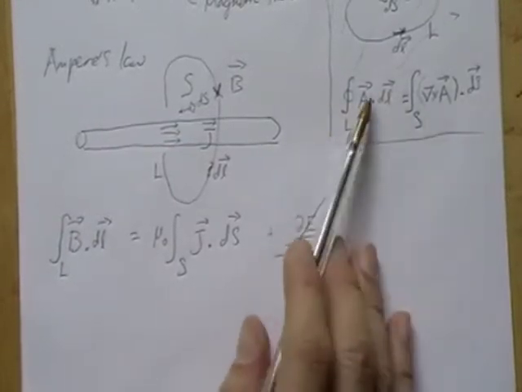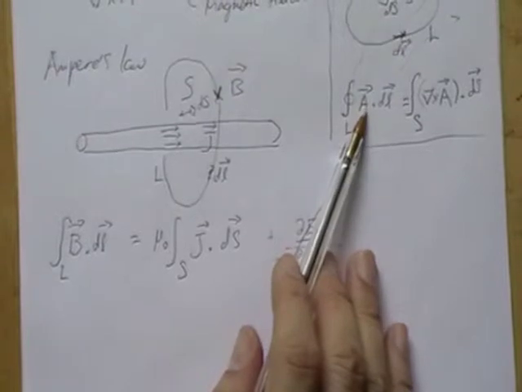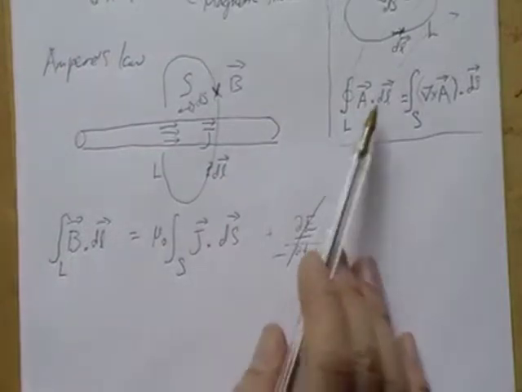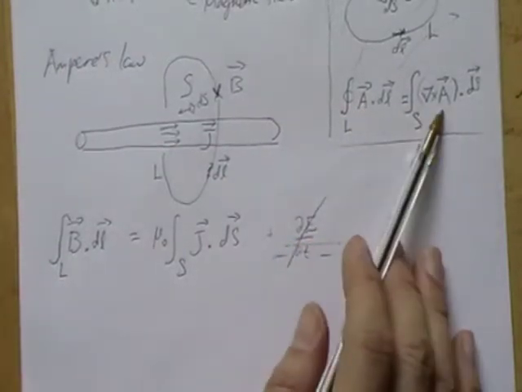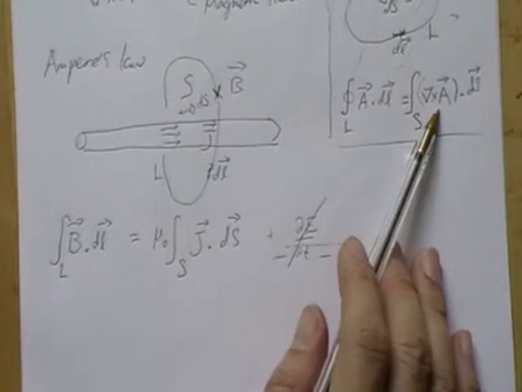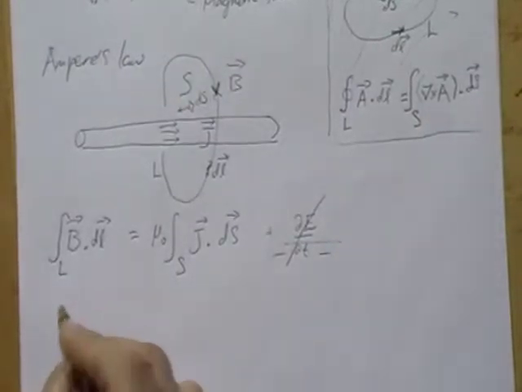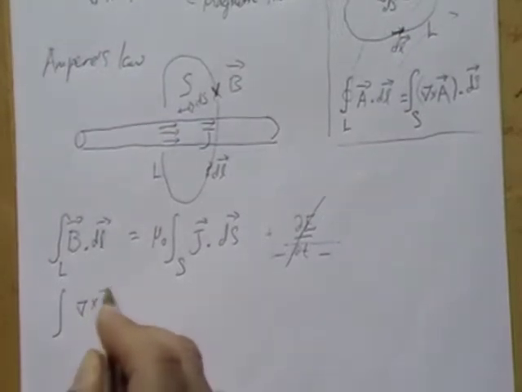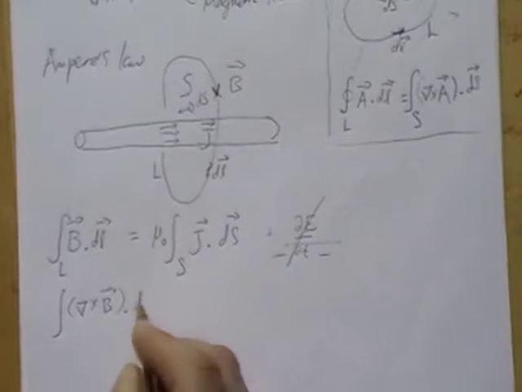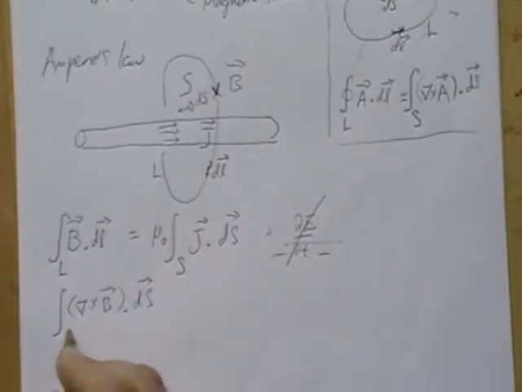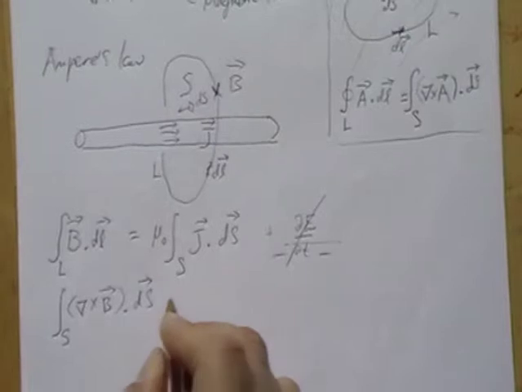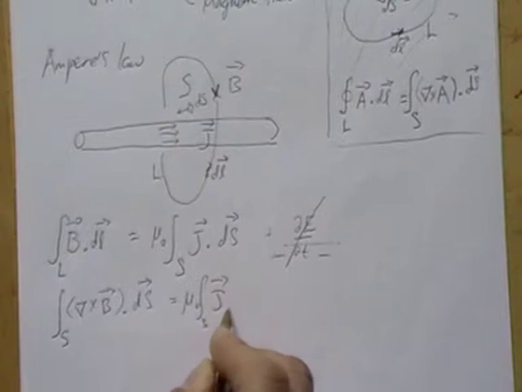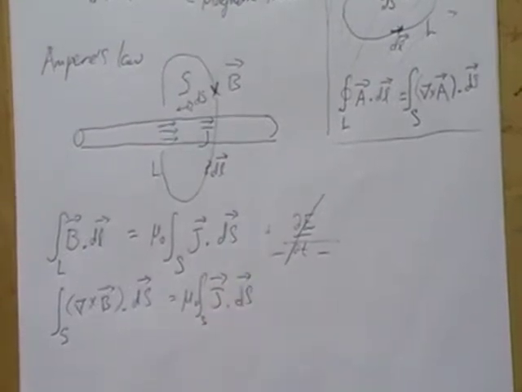In this case, think of the A as an example of a vector field, not necessarily the vector potential yet. So just substitute B into there, and then we can have it in terms of the curl. Okay. So that becomes the curl of B dotted with the area element integrated over the surface. And we have this equation.